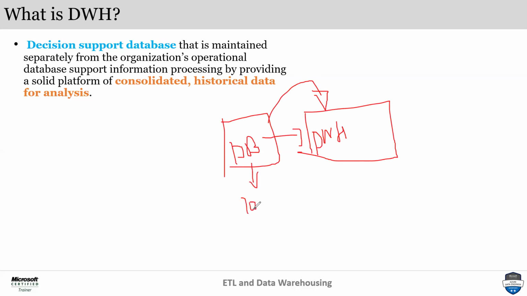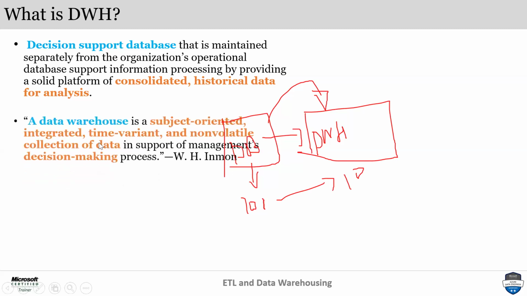I'm giving an example, but the warehouse might have only 10 tables because it will have the consolidated information. Whatever is needed for reporting purposes, only that information will be stored separately in the data warehouse. Basically it's also called DSS, the decision support system, right? So that's called the database.